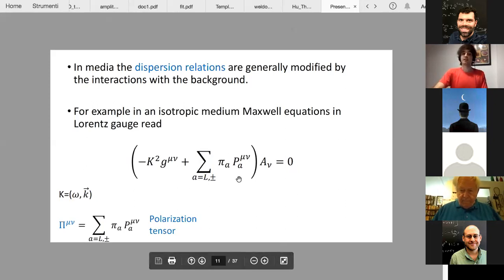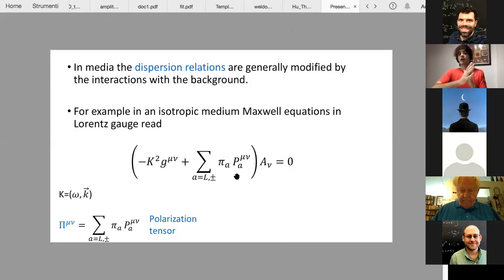Okay, and P^A_{\mu\nu} are just the three projectors in your basis, and P^A are essentially the response of the medium to waves that are polarized longitudinally, when A is equal to L, or circularly polarized. These are the usual bases: the longitudinal and then the two circularly polarized transverse waves.